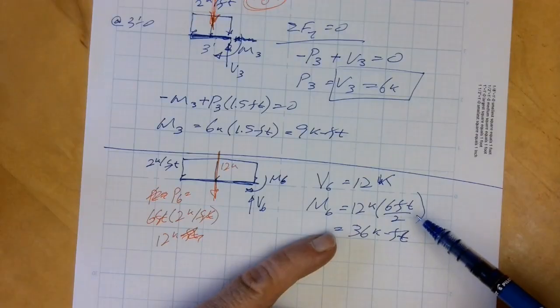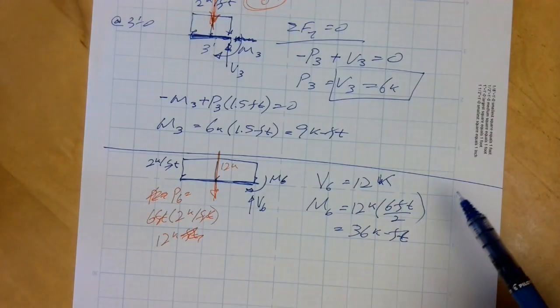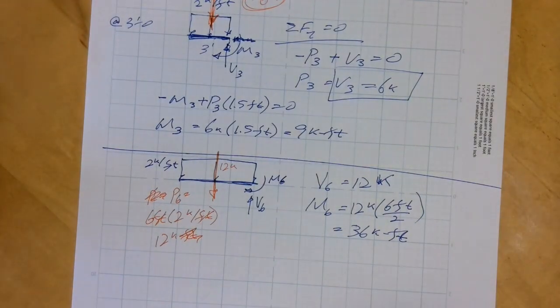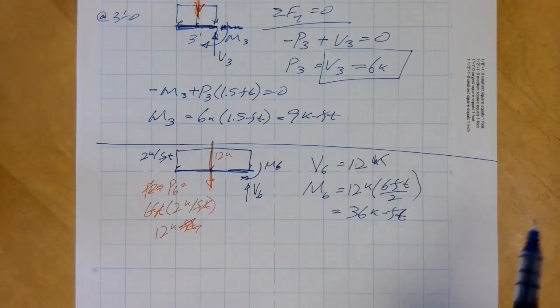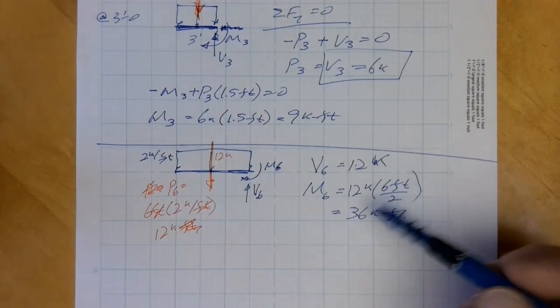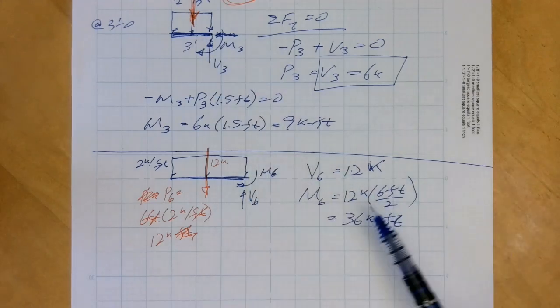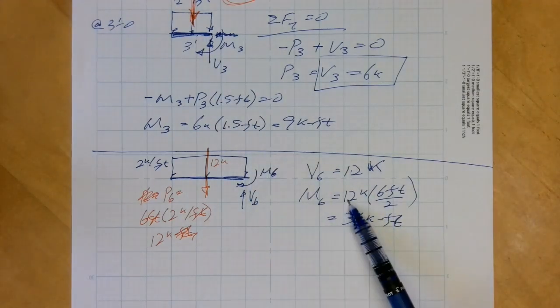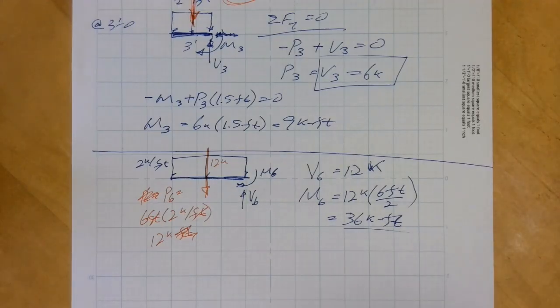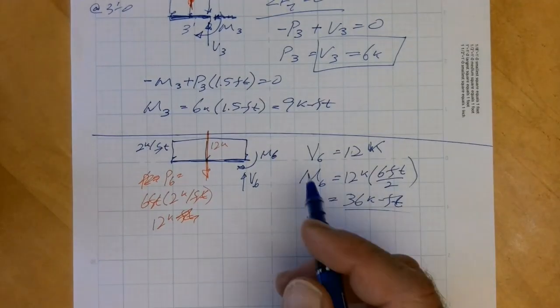Or did I screw something else up? All right, hang on, I gotta look at this. Oh, my bad, didn't need to be double. So here the force is 6 and the moment arm is 1.5. Here the force doubles and the moment arm doubles, so it's actually a quadruple effect. So hence the 36. Okay.